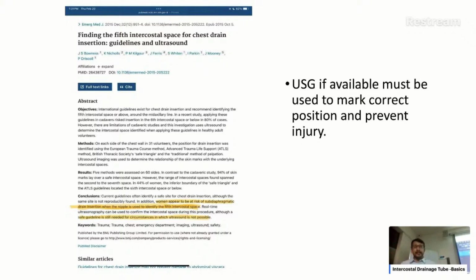This study indicated that in women, marking the location by the nipple at the fifth intercostal space usually can lead to damage to the diaphragm. So use of USG is a must, and in centers which do not have USG, new guidelines should be in place because the current methods can cause trauma.